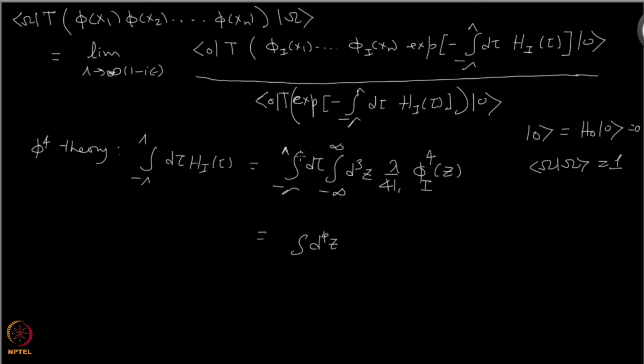So d cube z and d tau I will combine to d4z, but I will write these limits as minus lambda to lambda, okay. Just to remind ourselves that the time component has integration limits which are given by these ones, okay. So I write this as now lambda over 4 factorial, okay. So this is where we had stopped last time.